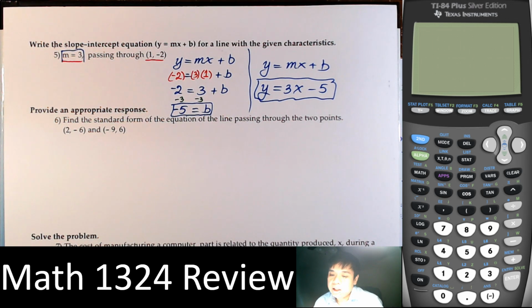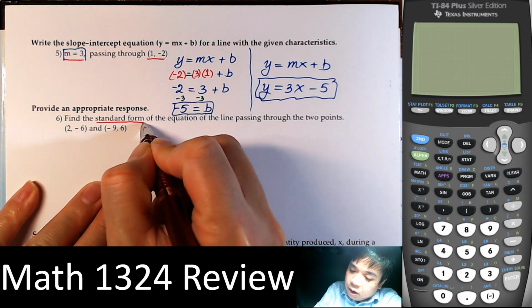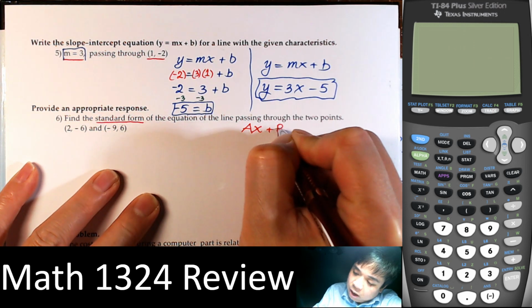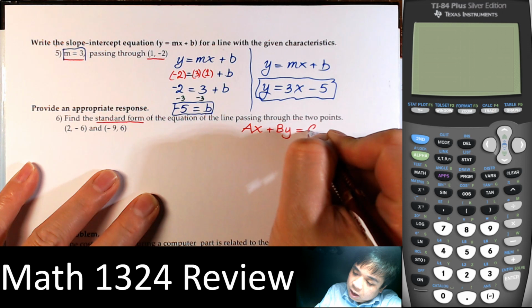Right. Next, I'll find the standard form of the equation of a line passing through the 2 points 2, negative 6 and negative 9, 6. The standard form of the equation is ax plus by equal to c.